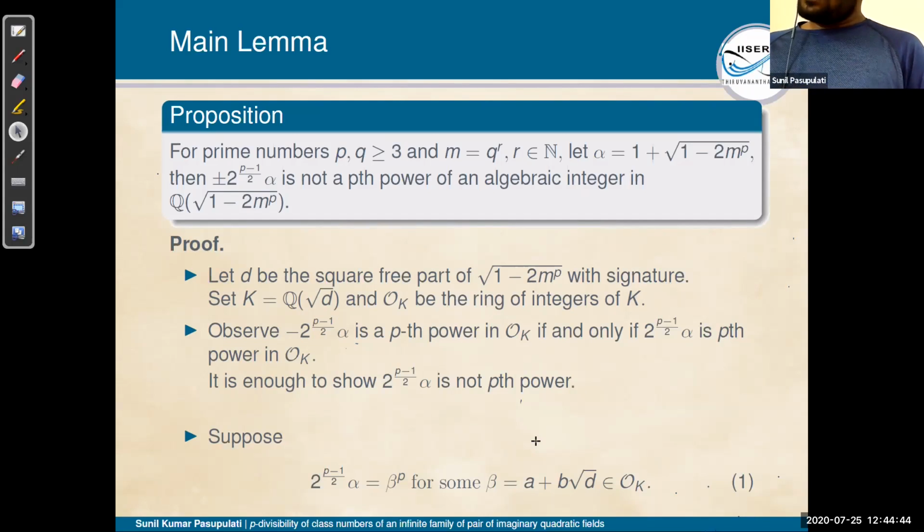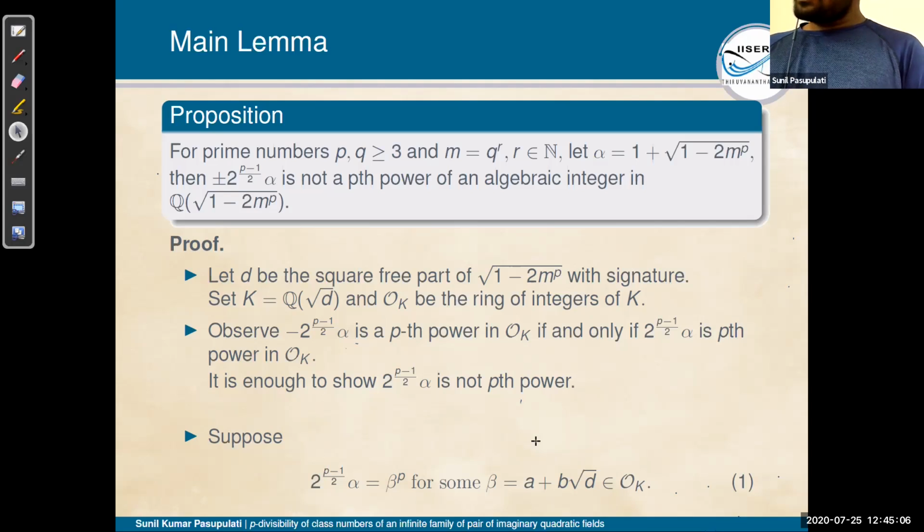Now I will prove that plus or minus 2 to the power (p minus 1) by 2 times alpha is not a p-th power. Observe that minus 2 to the power (p minus 1) by 2 times alpha is a p-th power if and only if plus 2 to the power (p minus 1) by 2 times alpha is a p-th power. So it's enough to prove that 2 to the power (p minus 1) by 2 times alpha is not a p-th power.